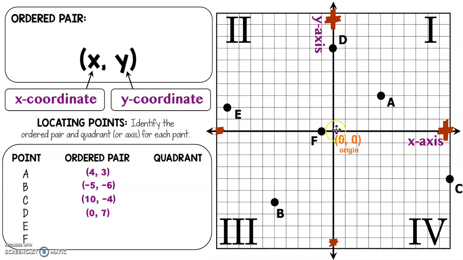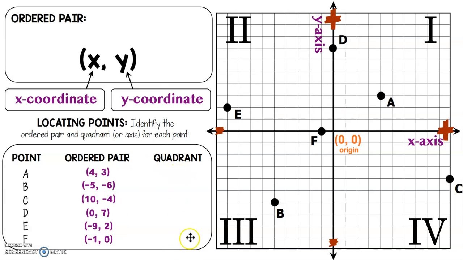My y-coordinate, I'm going up into the positive 1, 2 spaces. So my ordered pair is -9 for my x-coordinate and 2 for my y-coordinate. For point F, I went to the left 1 from the origin, so that's going to be a -1. But I didn't move up or down on the y-axis at all, so it remains at 0. So my coordinate for F is -1, and my y-coordinate is 0.